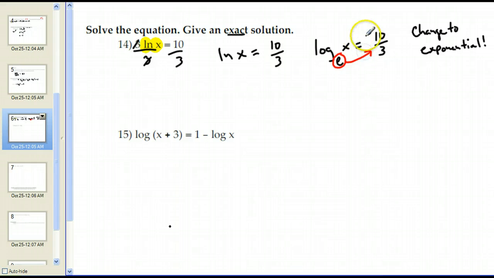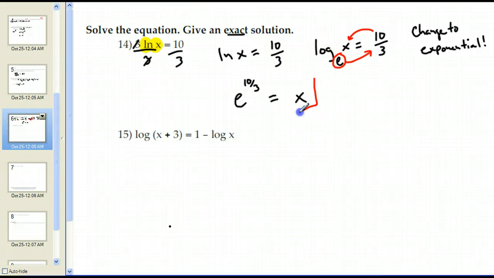Remember, a logarithm is an exponent, so this is the exponent, and then go back across to set it equal to what it's equal to. So e to the 10/3 power. This is the base, this is the power, equals, and then go back across, equals x. So we've solved it. There's our solution.